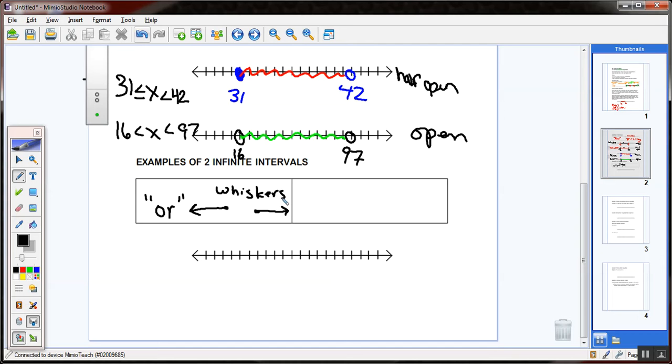Your written form will always be like this: x greater than the big number, or x less than the small number.